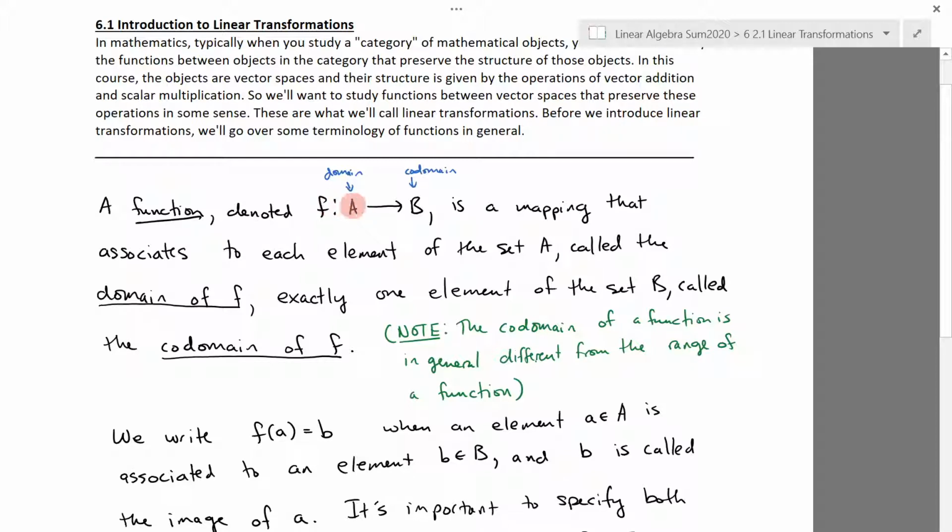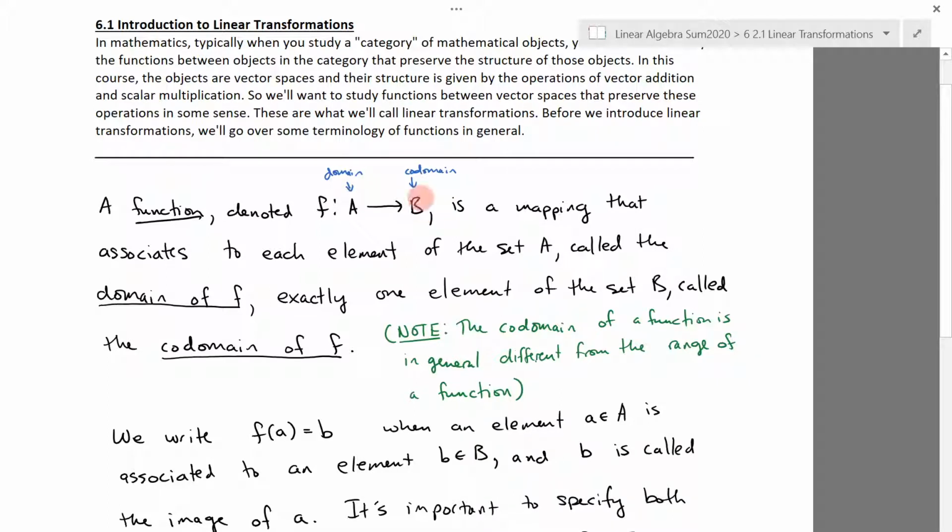So this is the notation we use to describe a function. Again, the function itself together with two sets A and B. And a function is a mapping that associates to each element of the set A, called the domain, exactly one element of the set B, which is called the codomain.